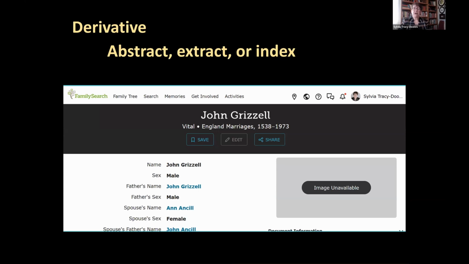So here we have a vital record for John Grizel. It's in the England Marriages, 1538 to 1973. And it just shows his marriage record. So another index taken from the original records that can be really helpful.